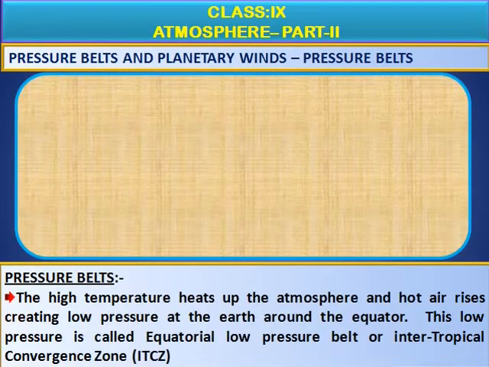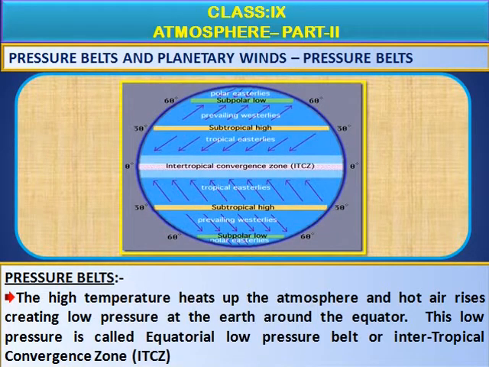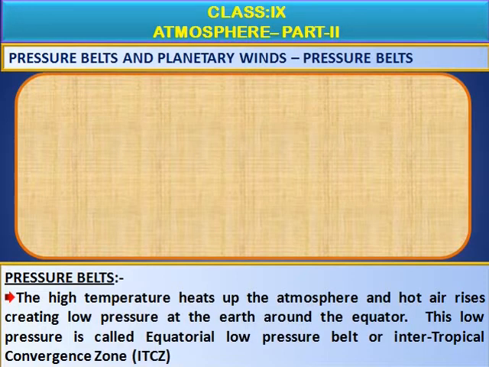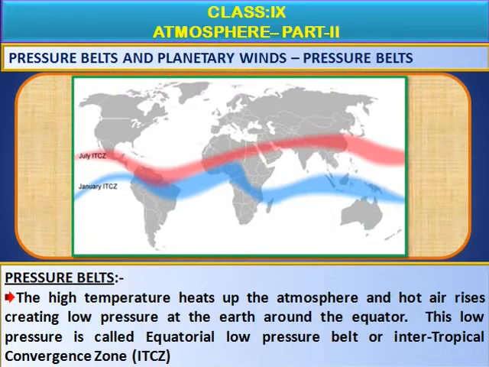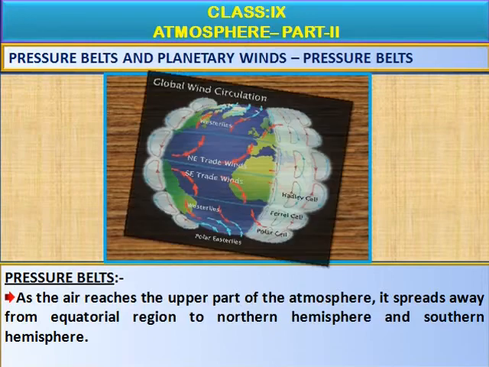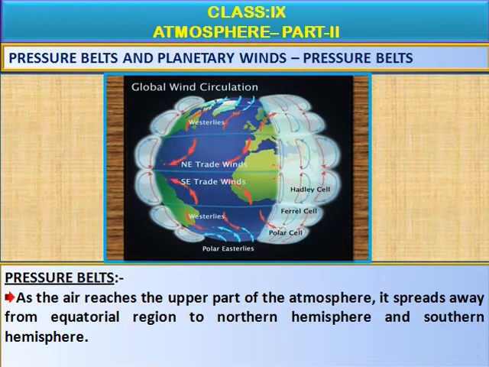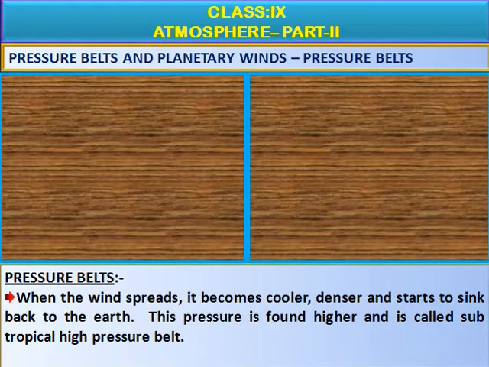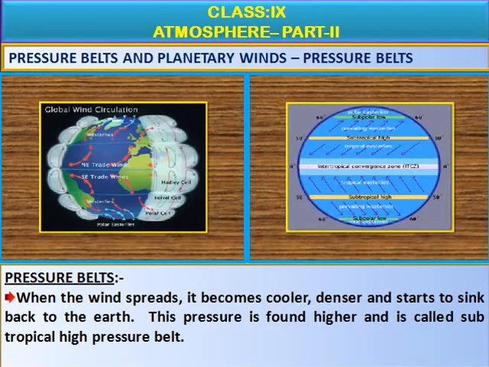The high temperature heats up the atmosphere and hot air rises, creating low pressure at the Earth around the equator. This low pressure is called equatorial low pressure belt or intertropical convergence zone. As the air reaches the upper part of the atmosphere, it spreads away from the equatorial region to the northern hemisphere and southern hemisphere. When the wind spreads, it becomes cooler, denser, and starts to sink back to the earth.